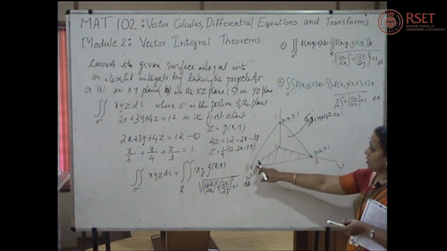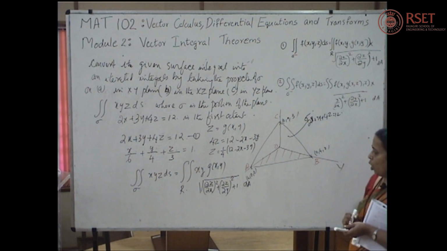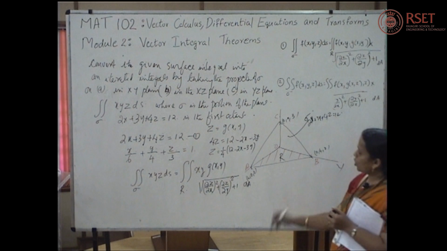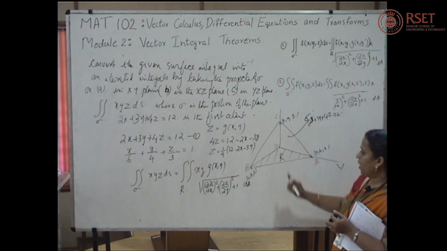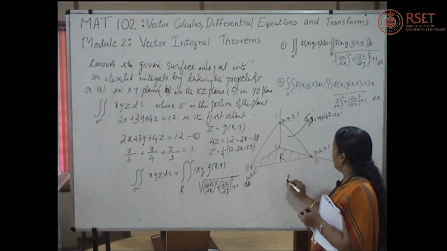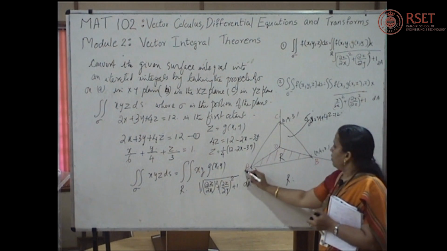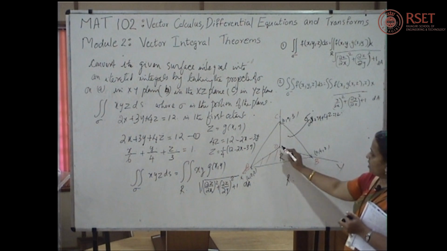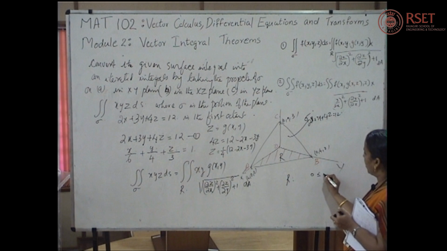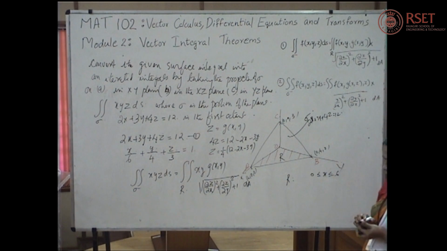That region is given by the triangle OAB, and we have to find the region of integration. The orthogonal projection of sigma on the xy plane is denoted as R, where x is varying from 0 to 6. The triangular region can be defined as 0 less than or equal to x less than or equal to 6.